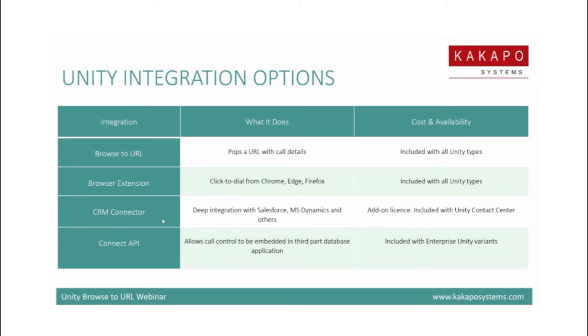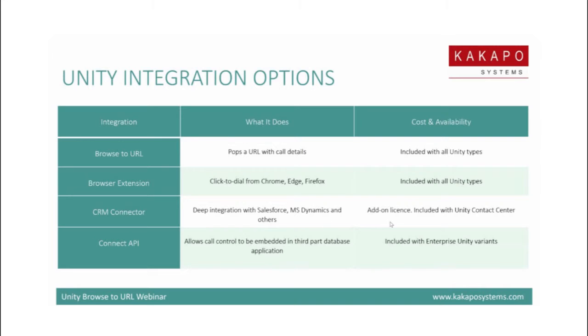To touch on a couple of the other options we have that we're not going to be drilling into on this webinar, we've got the CRM connector. The Unity CRM connector is where we can integrate, again, with Salesforce, if it's Professional or Enterprise, Microsoft Dynamics, and a few others. We say deep integration because it's doing a bit more than just screen popping and click to dial. It's profiling calls and queues and a few other things.